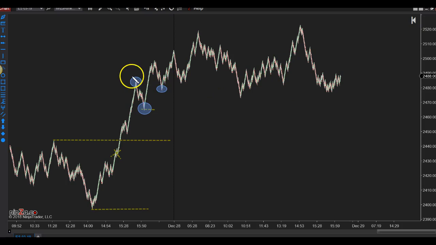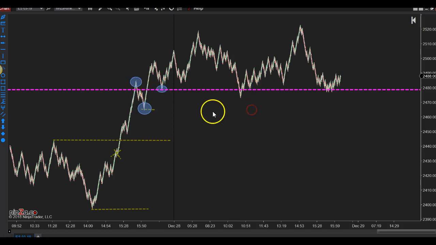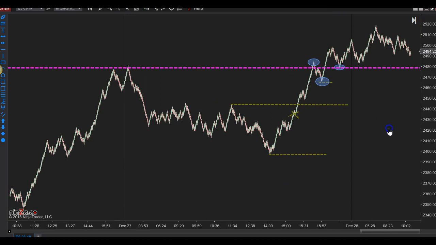Now, how we are able to have an idea in the future of price action possibly stopping and turning around again is the use of the horizontal line. The horizontal line extends into the future, so we can't see this part over here yet.